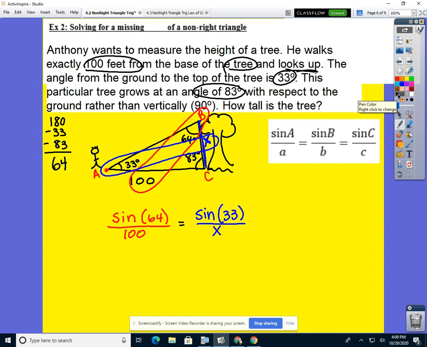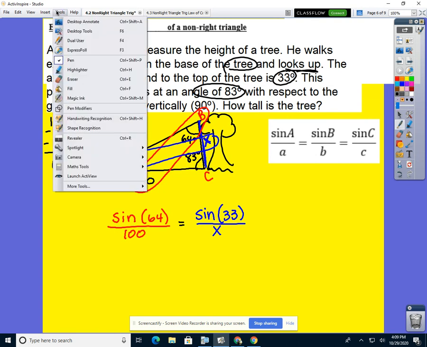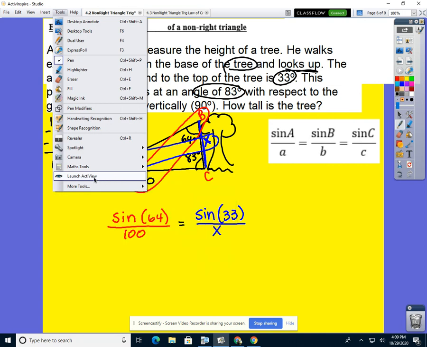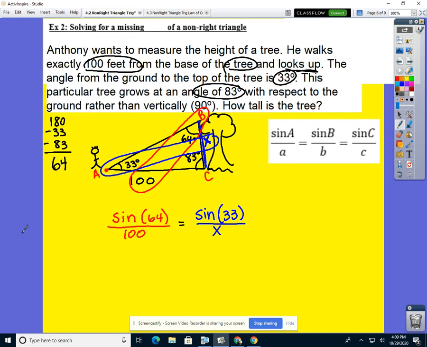So I've set it up. Let's see if I can do my page extender. It's okay, I just keep writing. I'm going to cross multiply, like I showed you in the other one. This one will be a little easier because I don't have to do any inverse work, which is good.